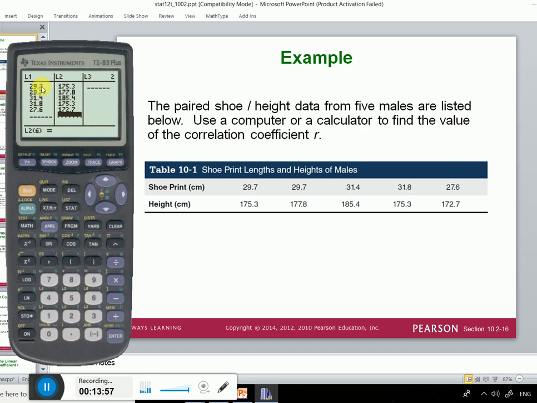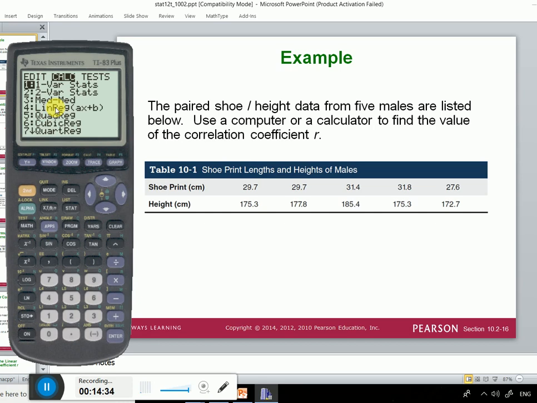So after I have my X and Y listed here, I just quit. Now go second, go back to start. Okay, and you want to go to calculation here, and you are working on the linear regression, which is number 4 here. This LIN is standing for linear.